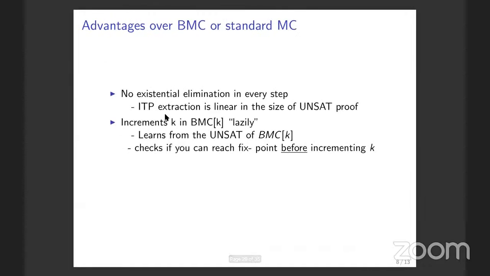Yeah, so the advantages over BMC or standard MC, of course, you already know. K-induction itself has this. But over k-induction, once you know that there is no counterexample up to k, you are learning from the unsatisfiability of BMC-k before you increment k.